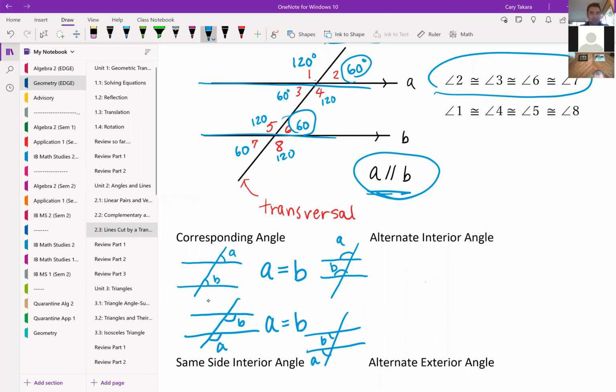They match, okay? So this is called corresponding angles. And they are equal. Okay.